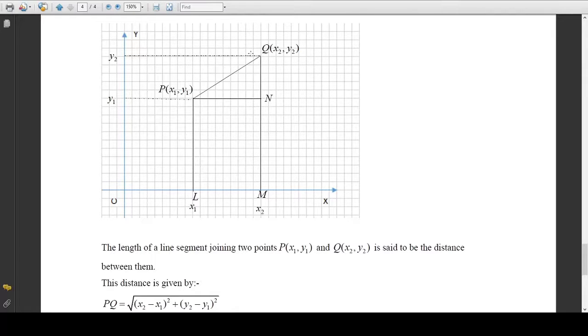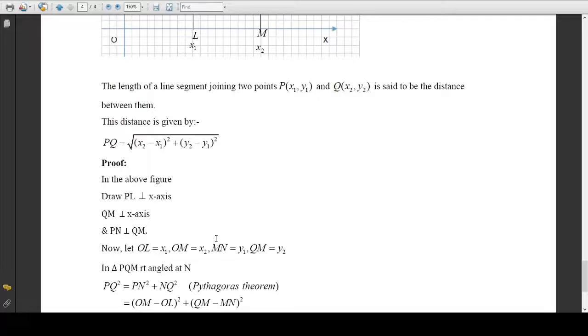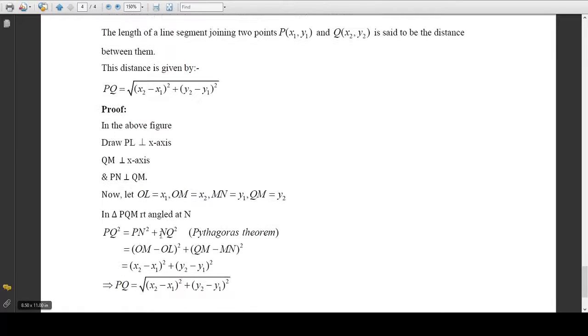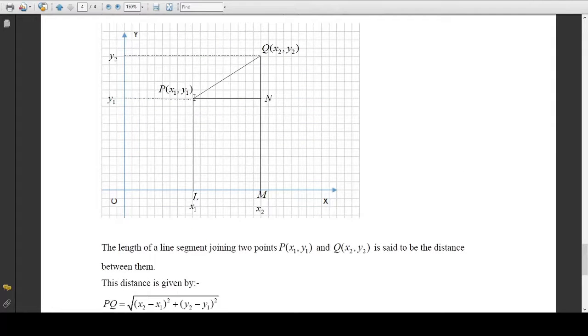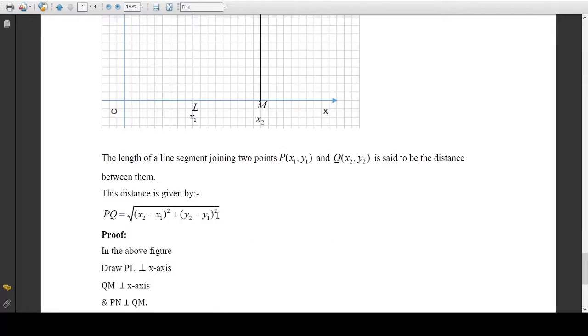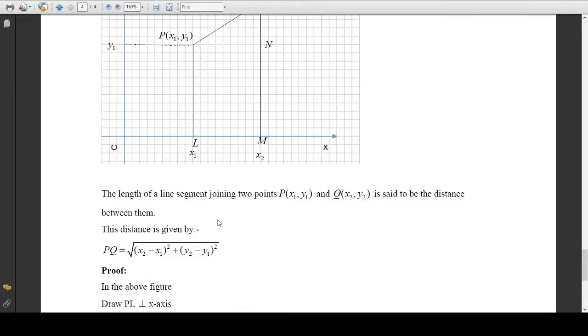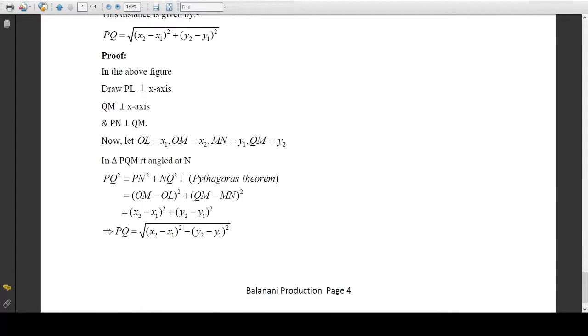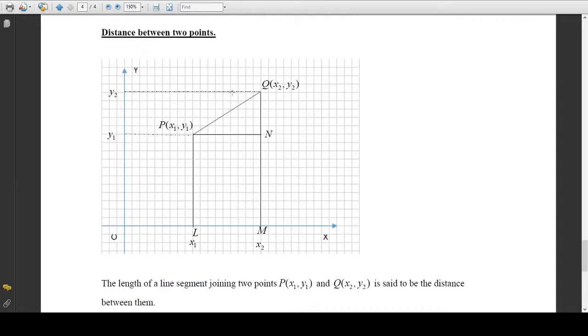Hence PQ square will be, see here I've shown you, you refer to this from the figure. PQ square equals PN square plus NQ square, that is the Pythagoras theorem. But PN, what is PN? PN is OM minus OL, that is x2 minus x1, isn't it? Then NQ, what is NQ?